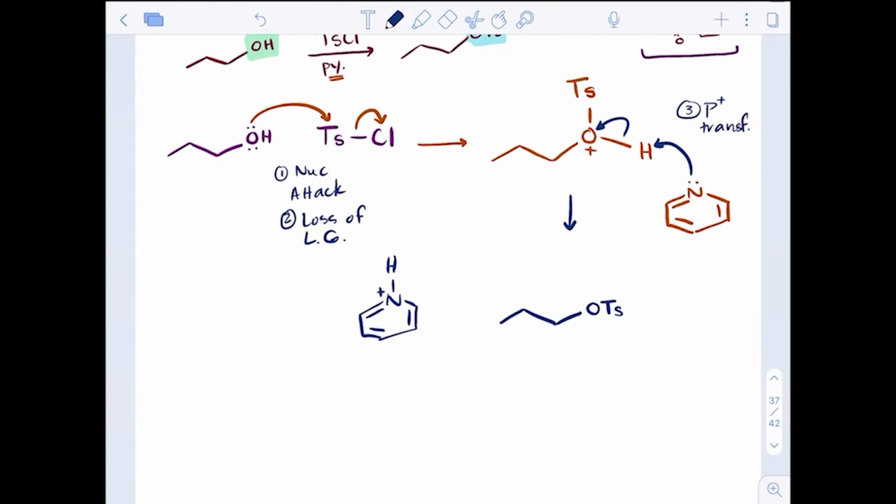That proton transfer is important to actually get the OTs group on there. And just to draw it out, O with the sulfur and pi bonds. Ts is the tosylate group, so it has a benzene ring with a methyl on the exact opposite side.